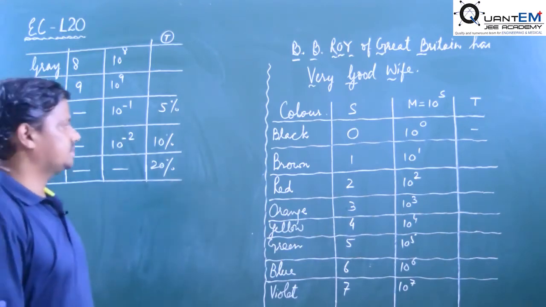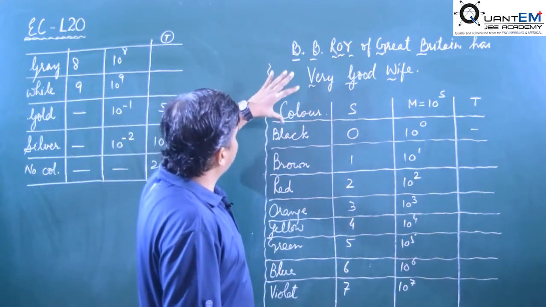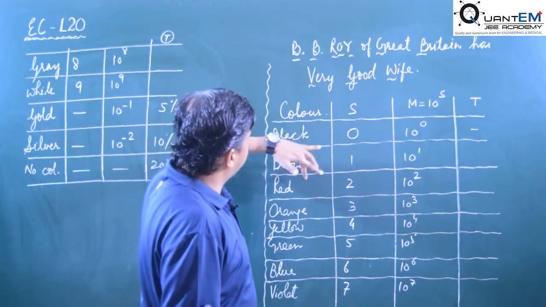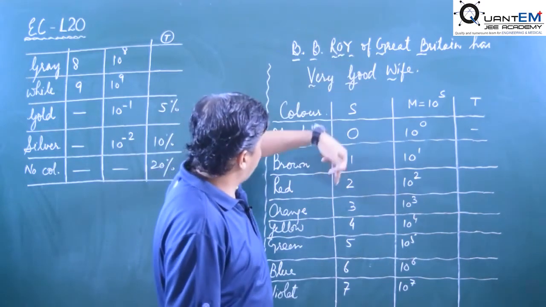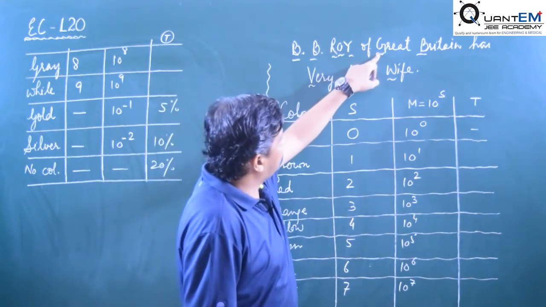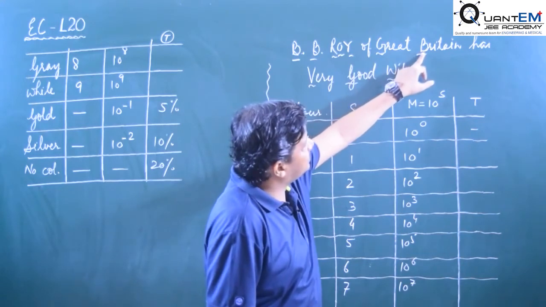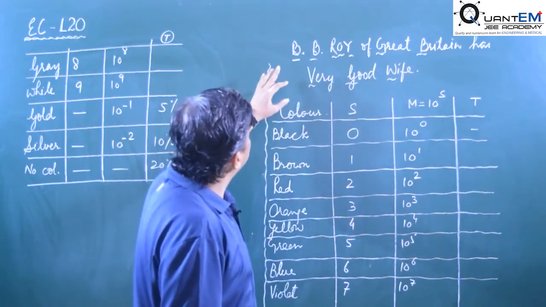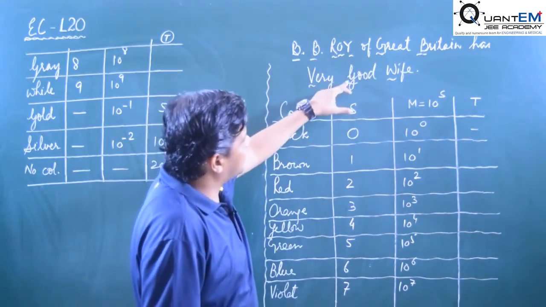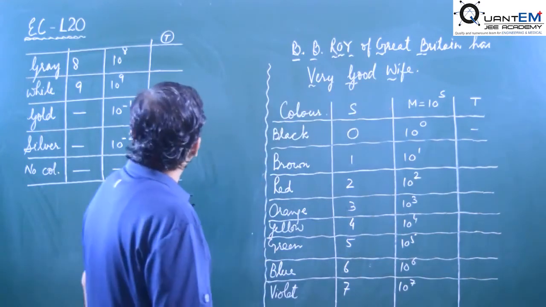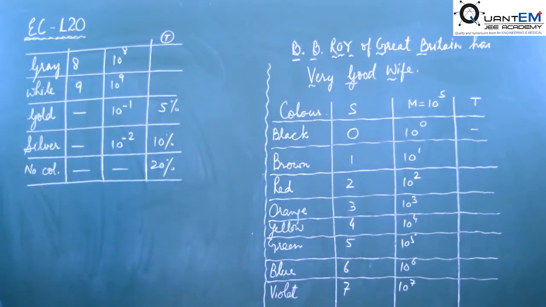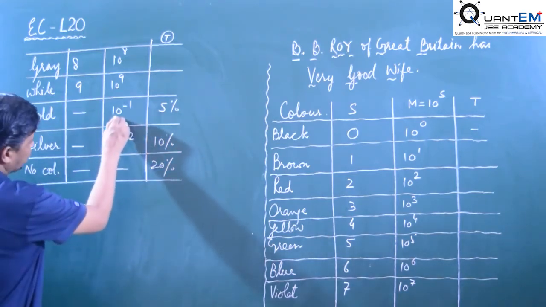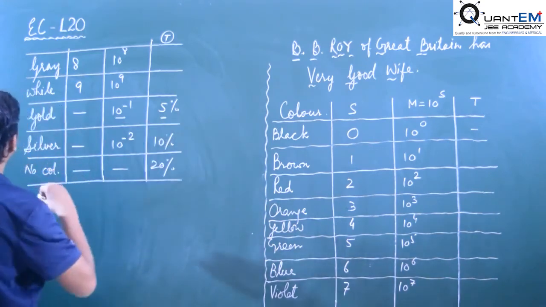Okay, so these are the results. First B, black, brown, red, O for orange, Y for yellow, green, B for blue, violet, gray and white. For these colors we have no tolerance value. For golden color, the multiplier value is 10⁻¹, tolerance is 5%.